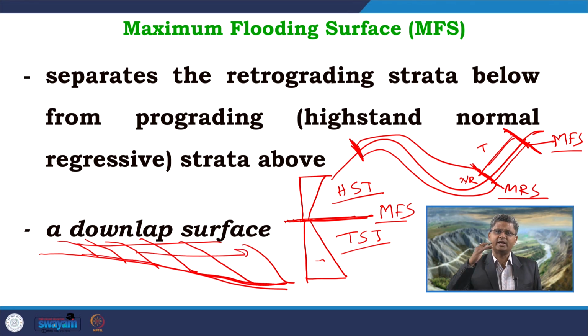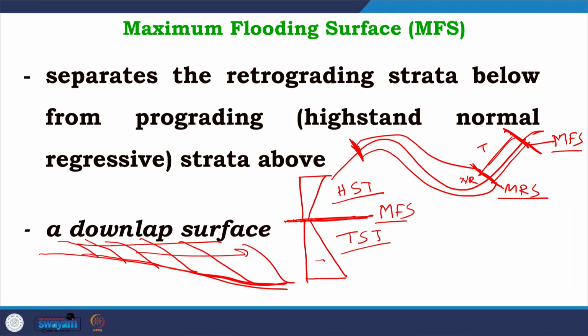So, the maximum flooding surface is always a downlap surface for the overlying prograding strata. The changeover from the retrogradational to the overlying progradational stacking pattern takes place during the base level rise at the shoreline, and we already know that during this phase the rate of rise of the base level outpaces the rate of sedimentation.